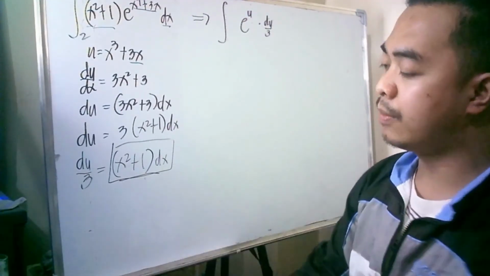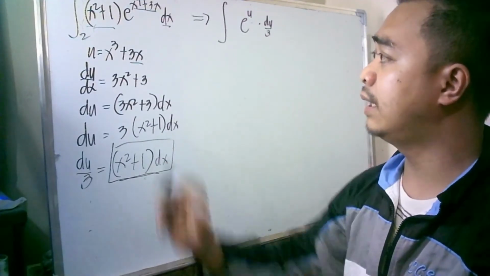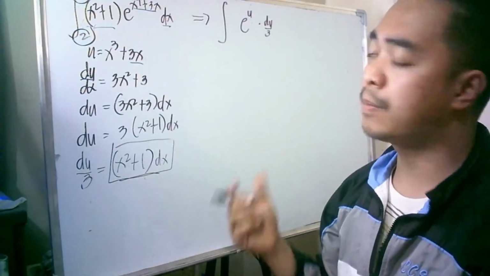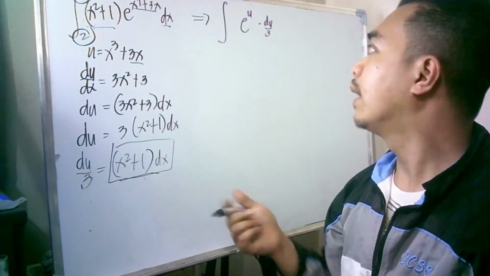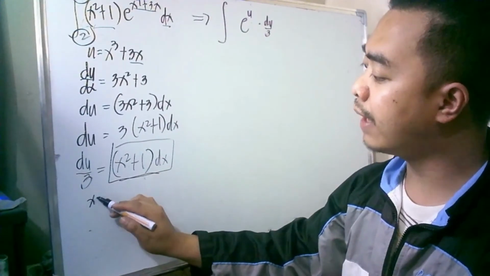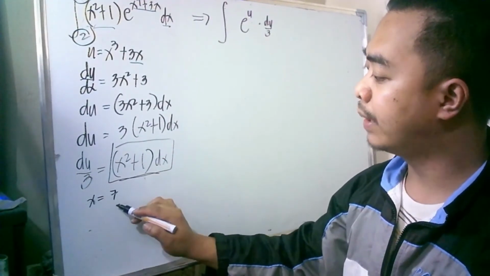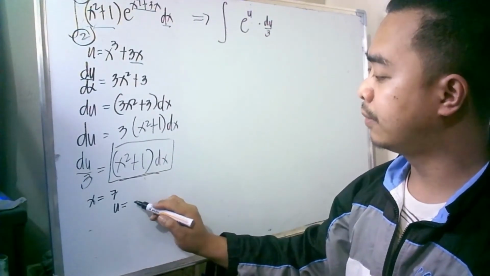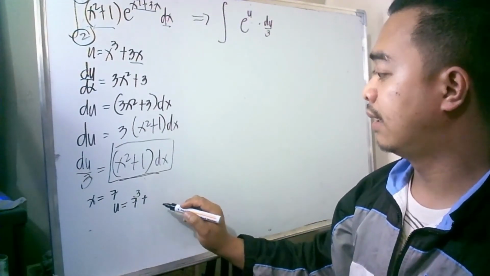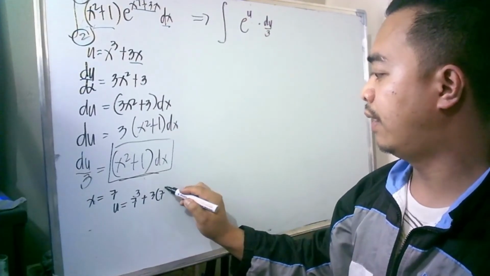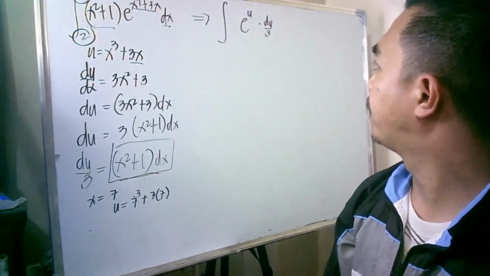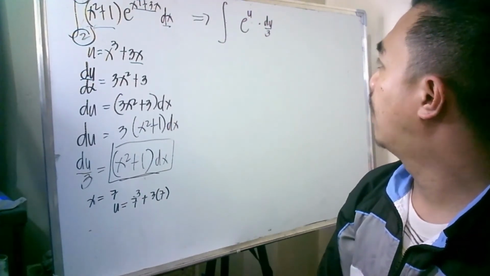Now, para diretsong magamit natin yung FTC, pwede na nating isolve yung value ng 2 at saka 7 in terms of u. Otherwise, balik tayo ng u mamaya. So, if x is equal to 7, what is u? U is equal to 7 cubed plus 3 times 7.